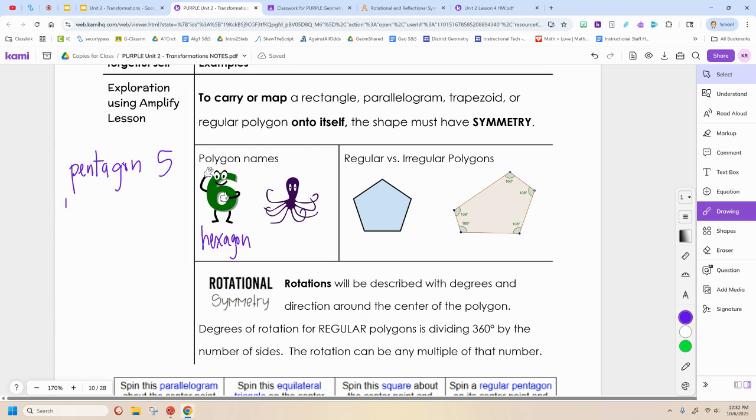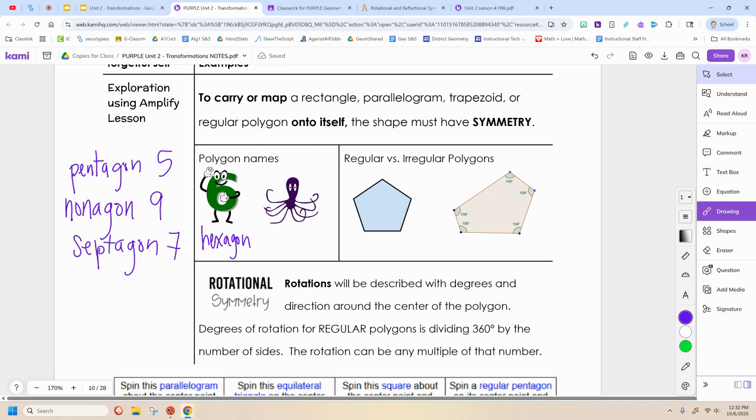Okay. A nonagon is 9. What's on the 7 side? It can be 2 different ones. They usually do septagon if they're going to. So September comes before October. There used to be, with the Greeks or the Romans, a 10-month calendar, right?